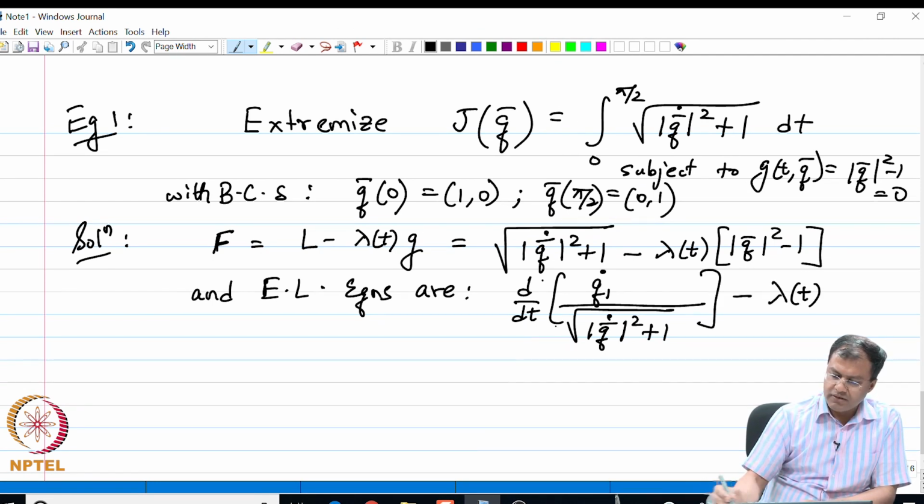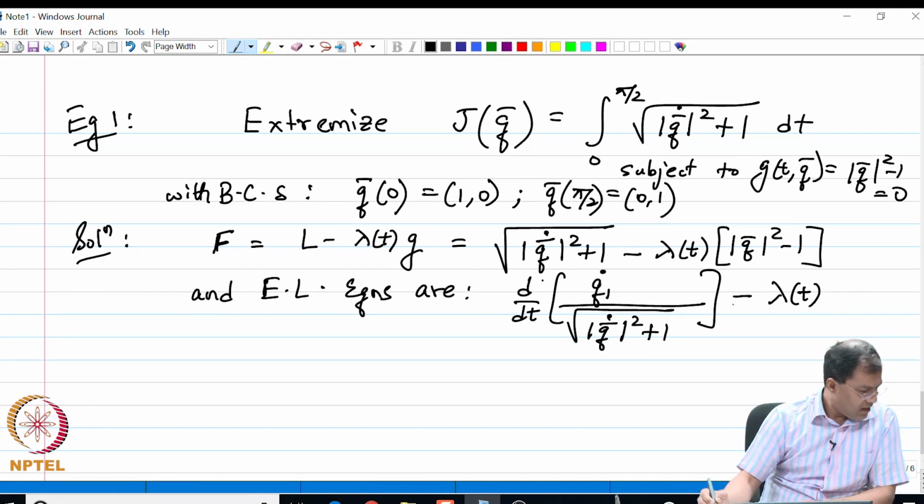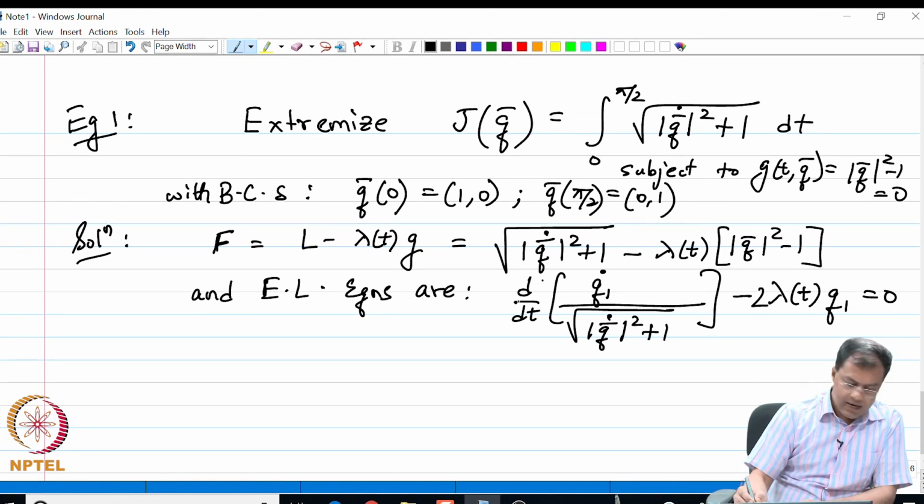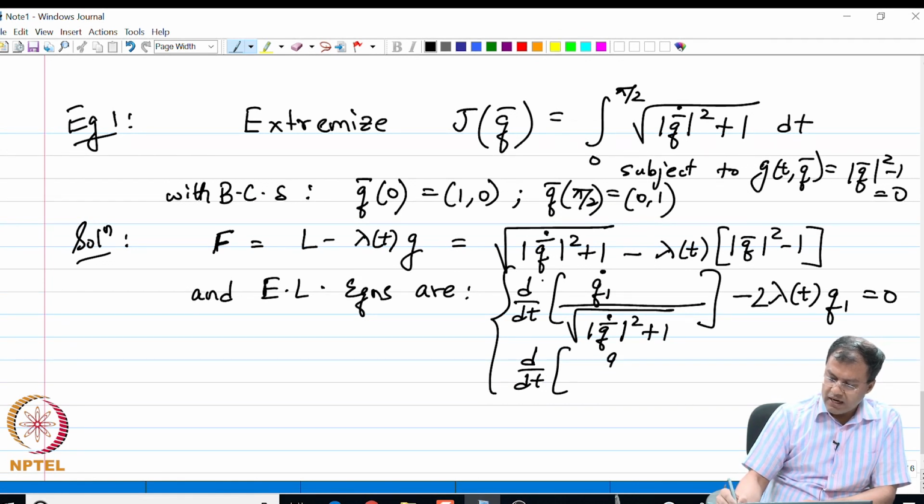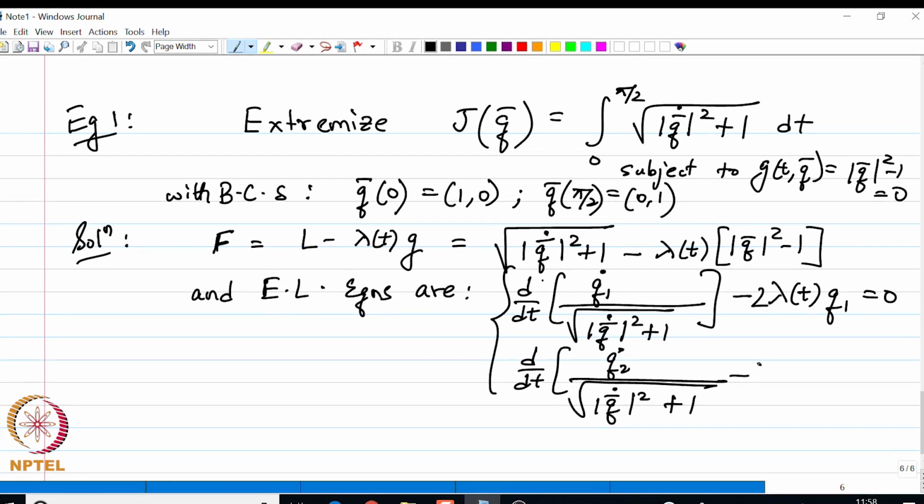When I differentiate with respect to q1, I get the following expression, minus 2 lambda of t q1, equal to 0. And for the derivative with respect to q2, I get d dt of q2 dot divided by the square root of mod q dot square plus 1, minus 2 lambda of t q2, equal to 0. I call this expression A.